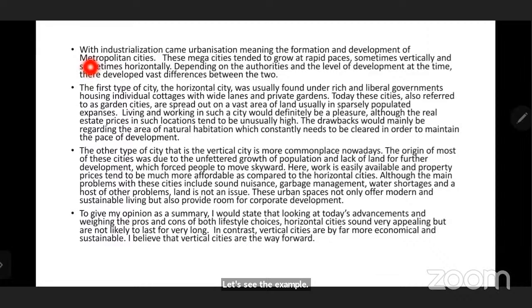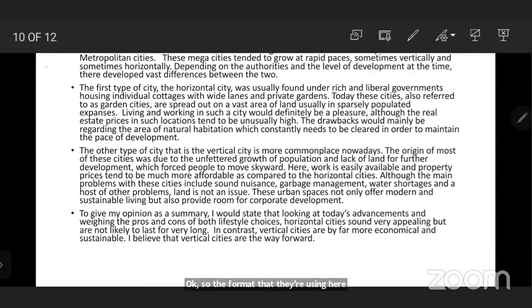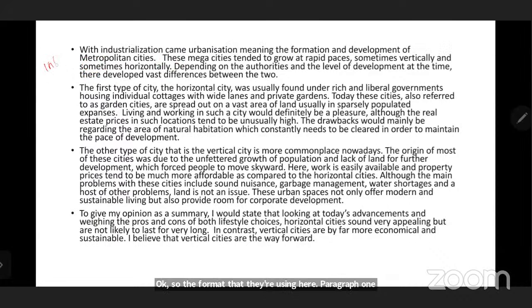Okay, so the format that they're using here: in paragraph 1, they're using an introduction, of course, as usual. In paragraph 2, they talk about the first city, the vertical one, along with the explanation and the examples. The next one, they talk about the second city, horizontal, and they give examples and explanations there.